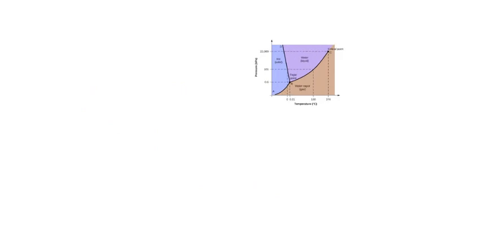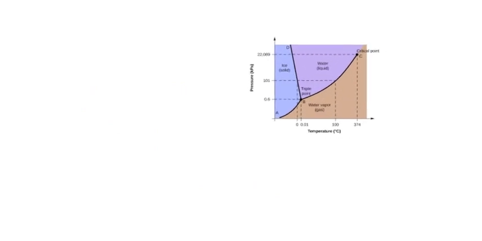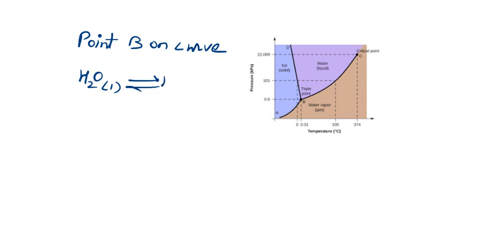Now, one interesting thing in the curve is the point, that is point B on the curve. Point B is such a point where all the three areas meet, all the three curves meet, and thus on point B, water in liquid form is in equilibrium with water in solid form, which is in equilibrium with water in gaseous form.